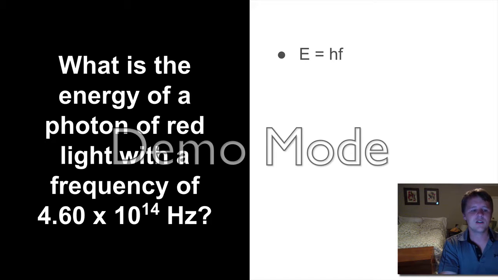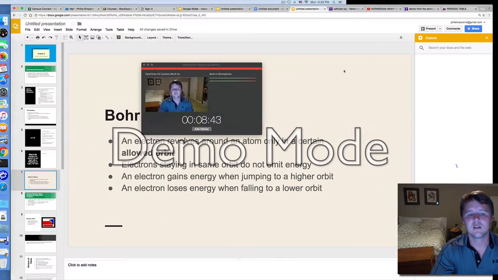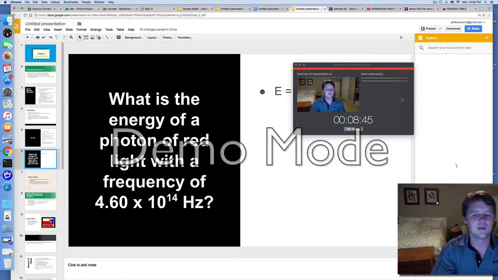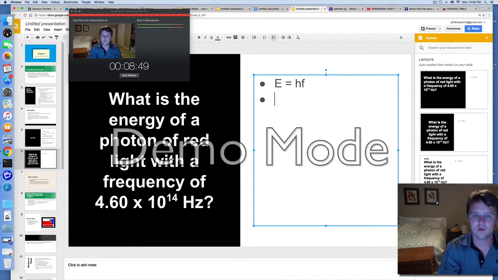So what is the energy of a photon of red light with a frequency of 4.6 times 10? I'm going to do this problem real quick with you.